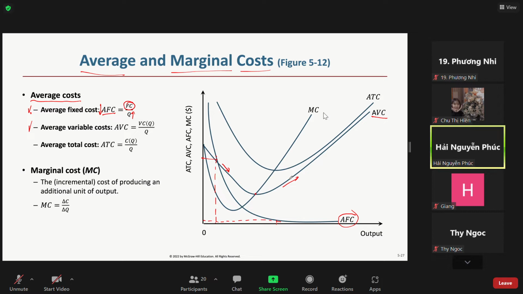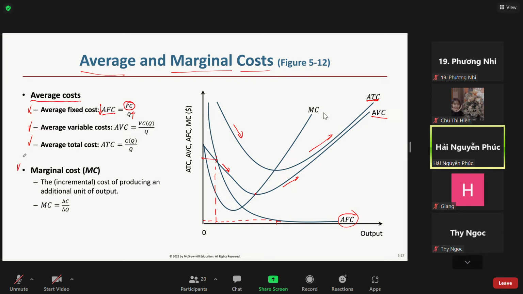It means that there will be some kind of minimum point of AVC. Similarly, if you look at the average total cost, the ATC, here's the ATC. Initially, it is decreasing when we increase output, then it will increase if we continue to increase the output, right?